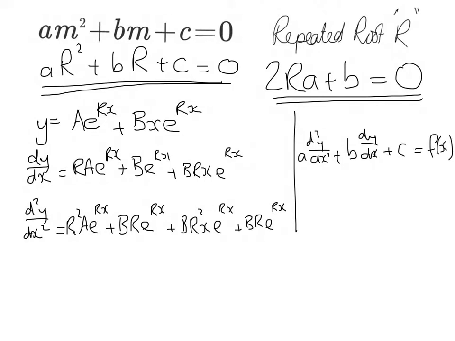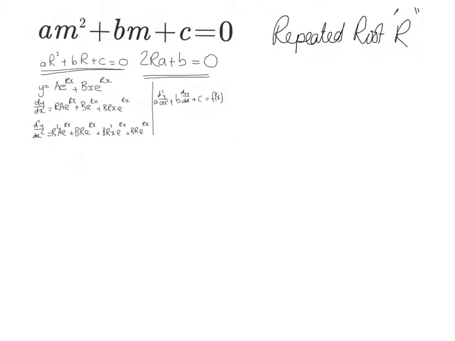And what I'm claiming is that if we put these into here, we will get 0, not f of x. That's going to come from the pi. We'll get 0. And that shows that a e to the rx plus bx e to the rx is indeed a complementary function.